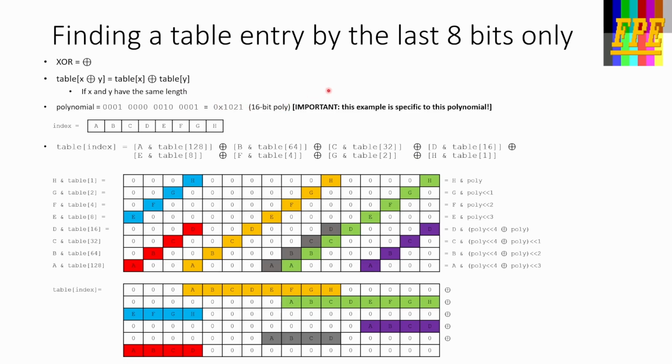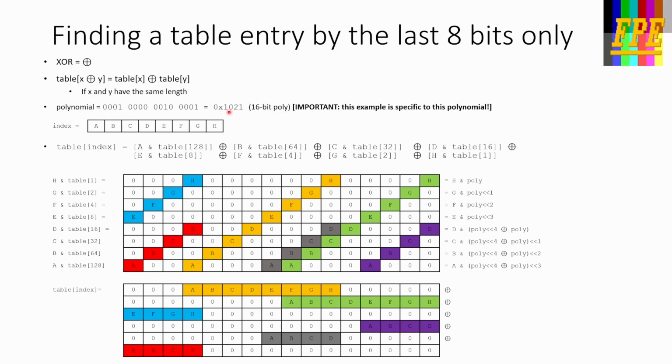So, more details into how the table gets built. The table entry for the index x exclusive OR y is the same as the table entry of x exclusive OR the table entry of y, assuming x and y have the same length, as in, they're a byte.